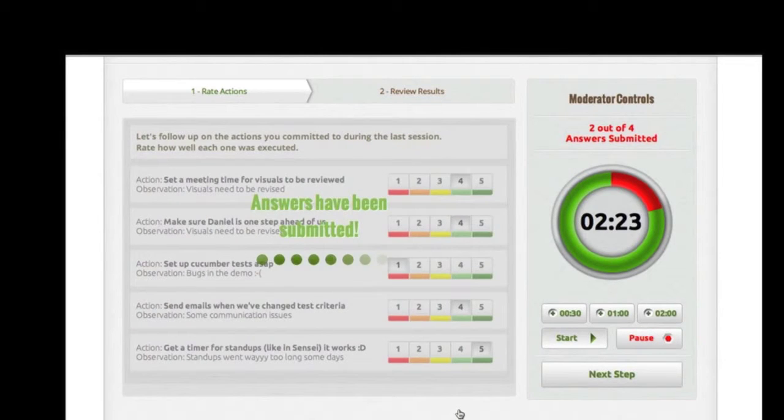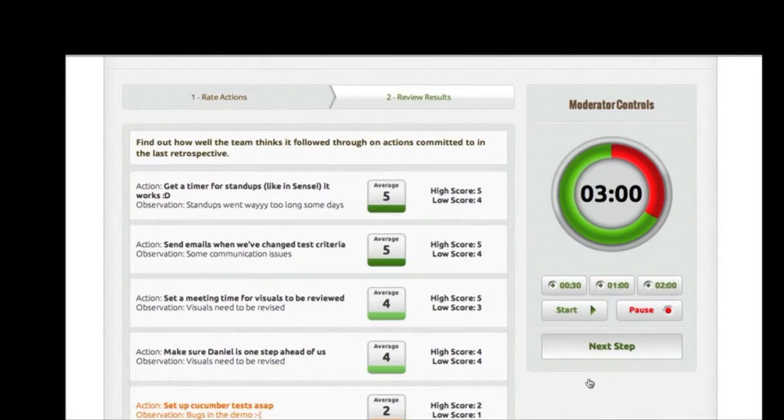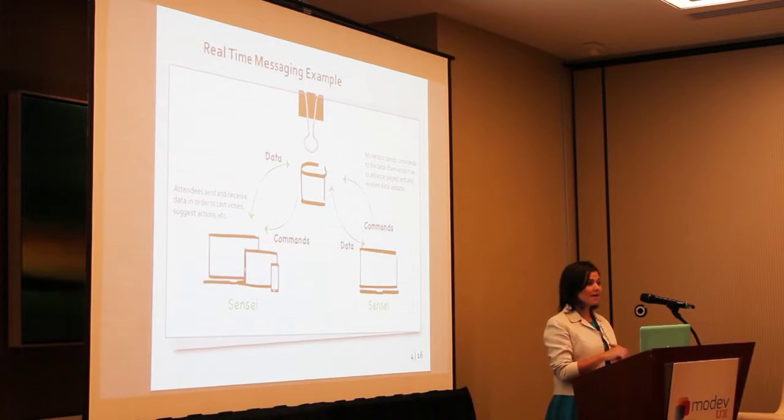So people were sending data both ways, and somebody else was controlling the flow of the application for them. There were some important considerations that we had to take into account, such as showing you that somebody was transitioning through the interface, and also how votes were coming in and how people were sending observations and data.